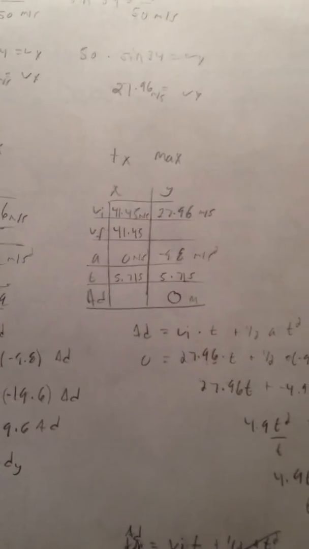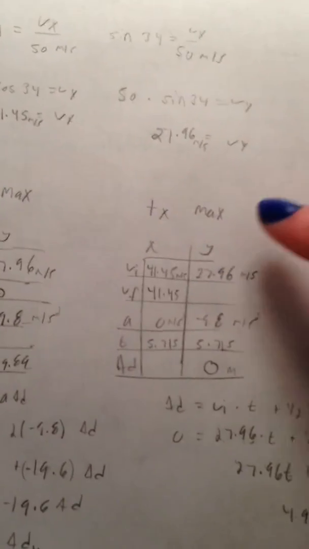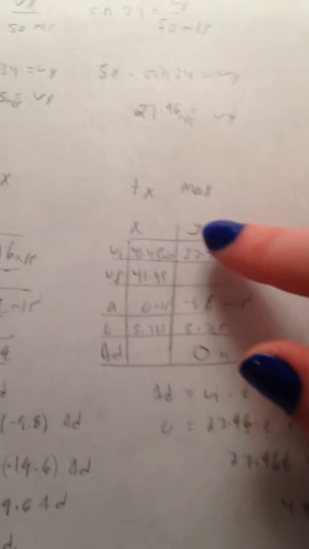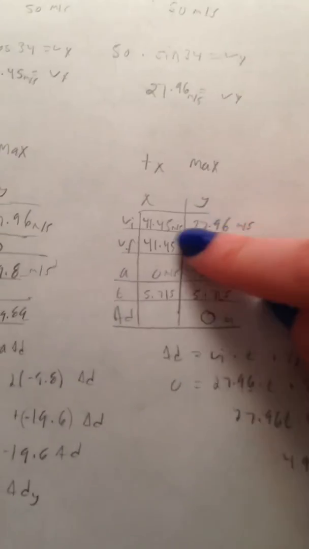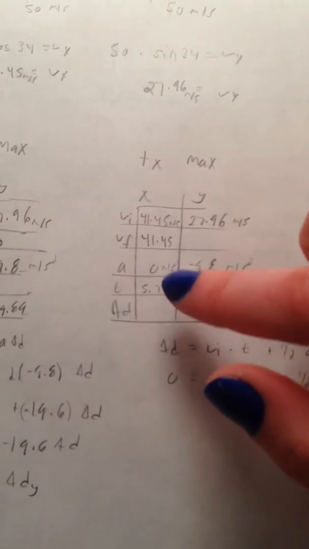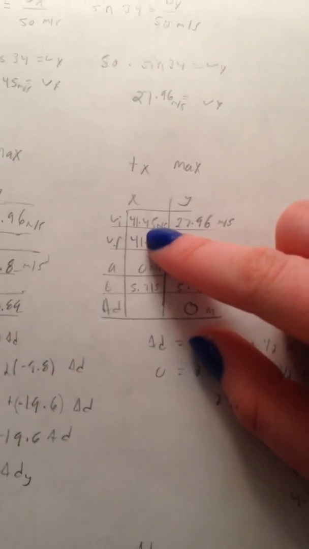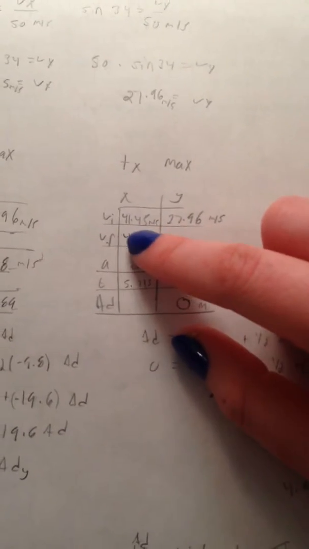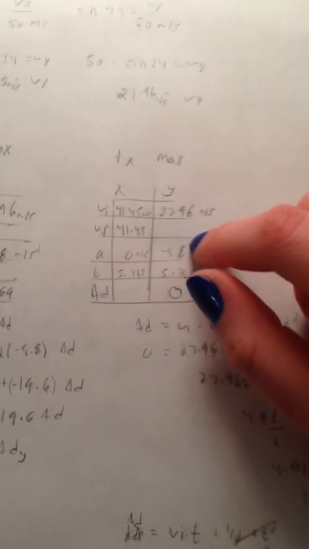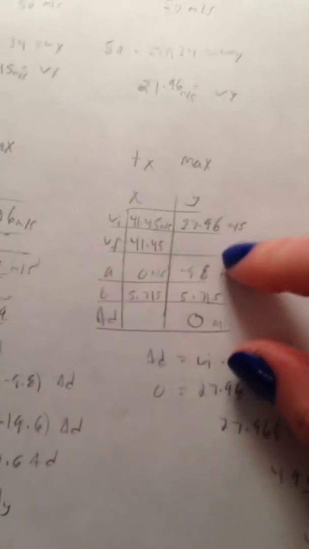And then to find the answer for part B, I set up my other chart at 2x max, setting up my x and y and the Vi, Vf, a, t, delta D. I once again plugged in my variables from before with the 41.45 and the 27.96 velocities.